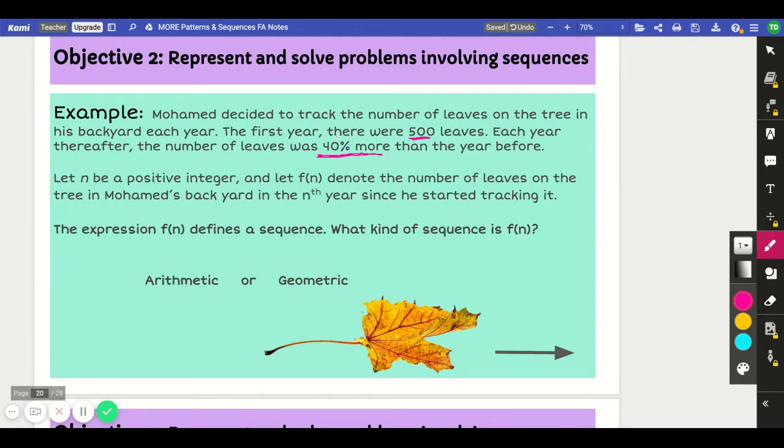However, we have this percent here. And typically when we have a percent, we are multiplying something. And then we might add later on. But because we are multiplying, that's going to let us know that this is a geometric sequence.